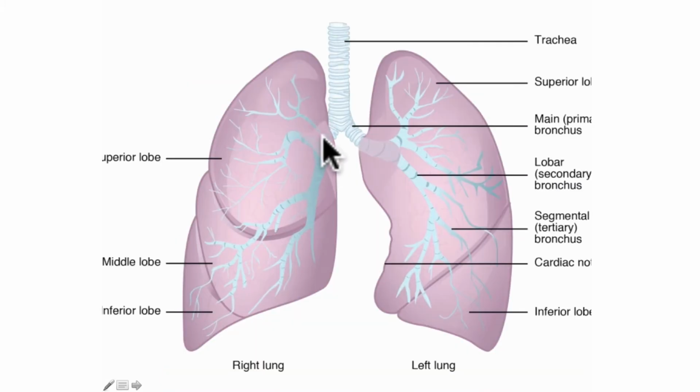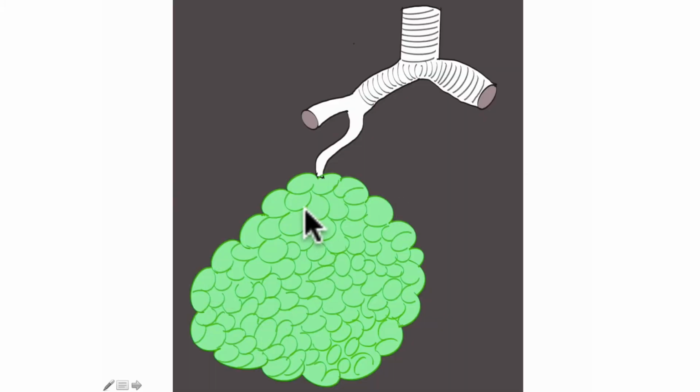Like I suggested previously, the trachea splits into the right and left bronchi, going to the lungs. Those bronchi will diverge to even smaller structures known as secondary and tertiary bronchi, and the smallest air tubes are known as bronchioles, which will terminate into the air sacs known as alveoli. That is the bulk of the respiratory system.